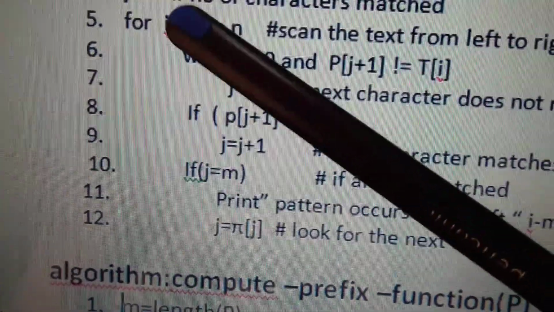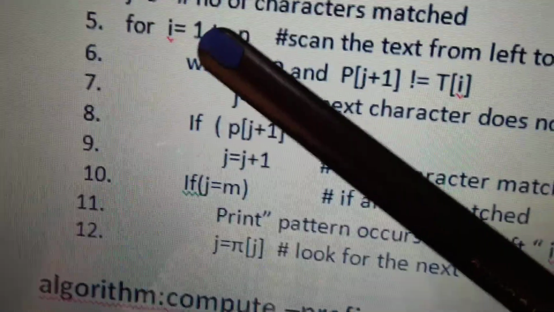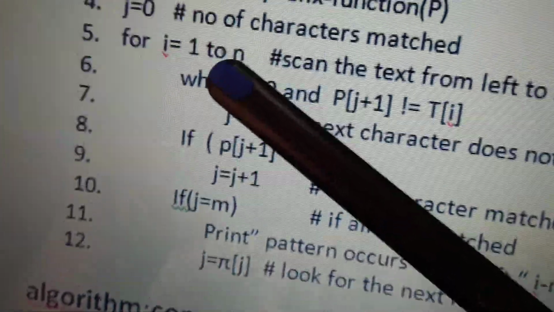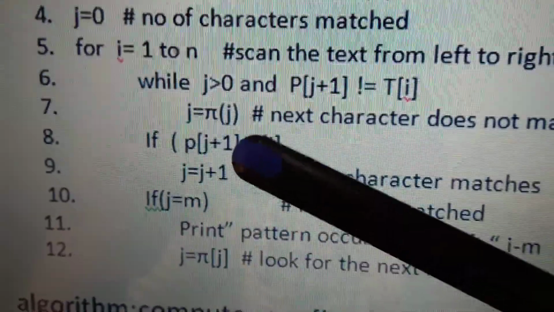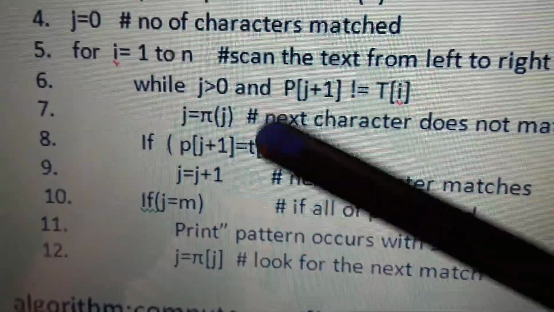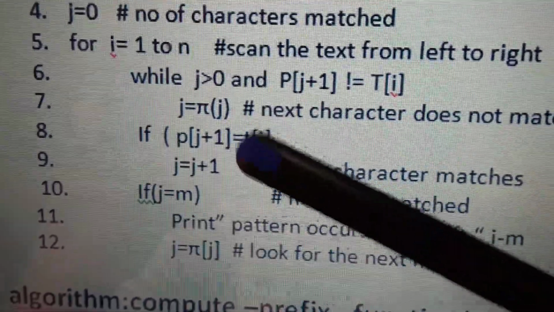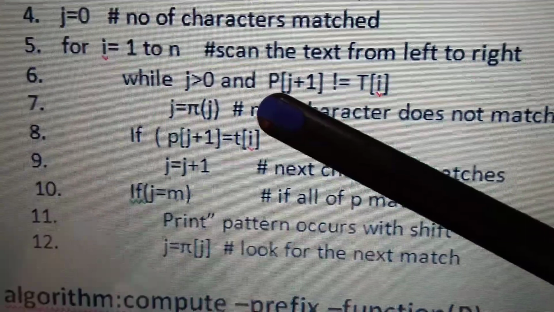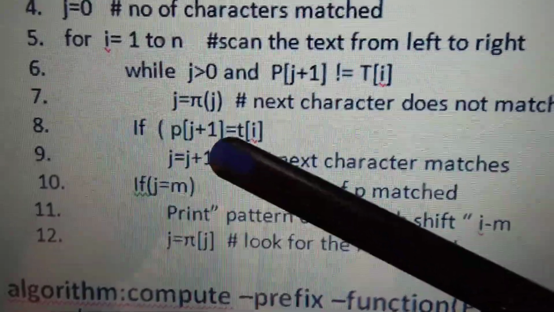So automatically i is incremented. For the i value we are using the loop, so i increments by 1 automatically, first 1, next 2 and so on. Now whether j is incremented or moved backward depends upon the matching information. If the pattern character matches the text character, then j is incremented.